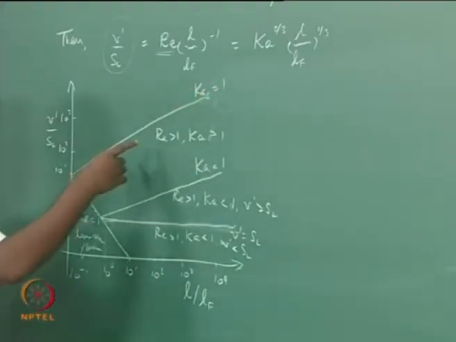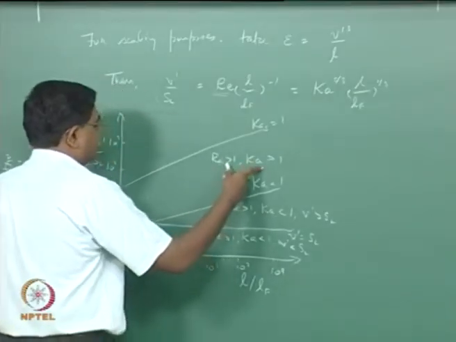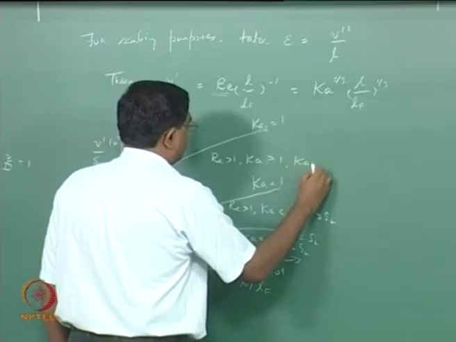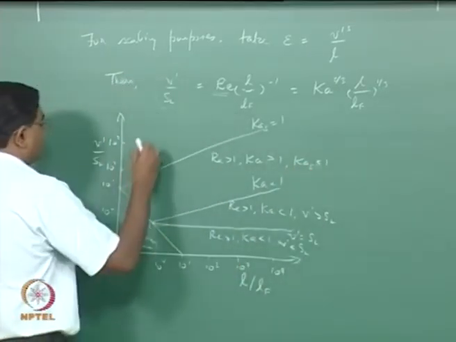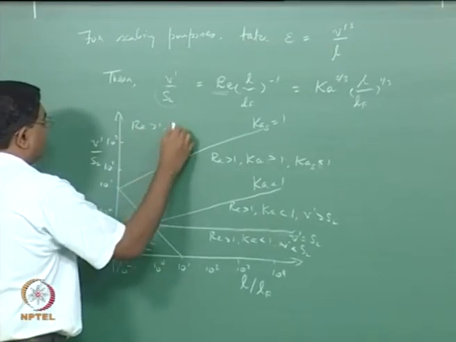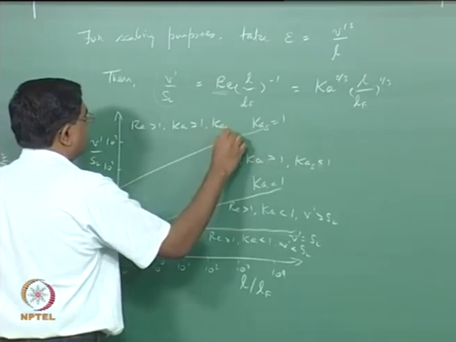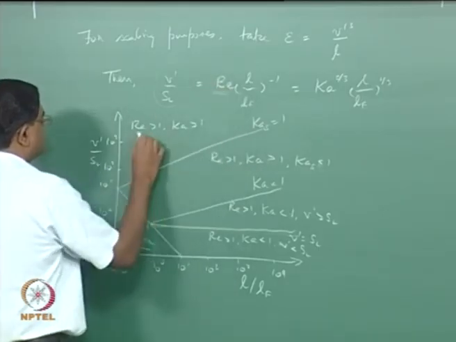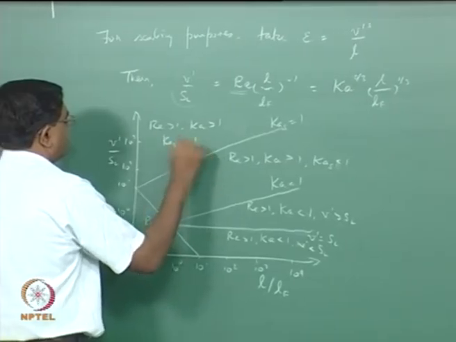Therefore you now say Re greater than 1, Karlovitz greater than 1, but Karlovitz delta less than 1, and here we now have Re greater than 1, Ka greater than 1, Ka delta greater than 1.